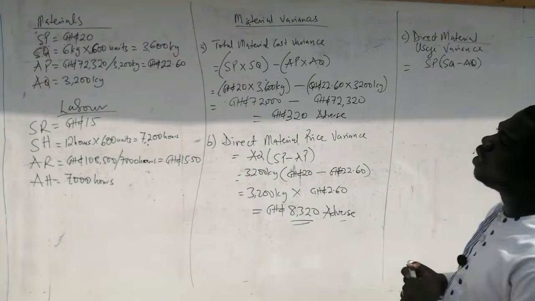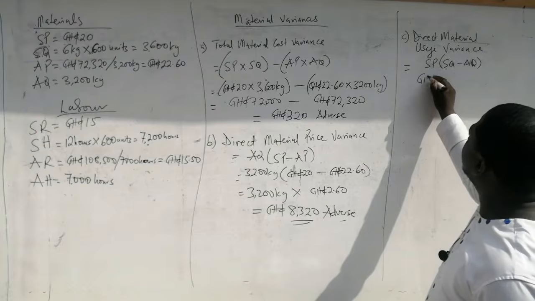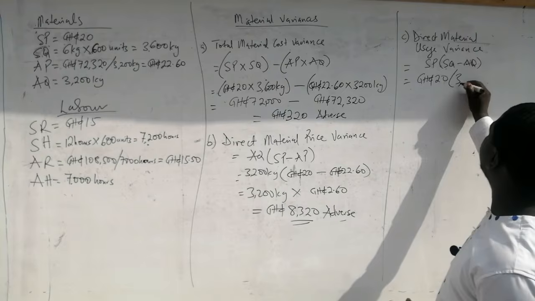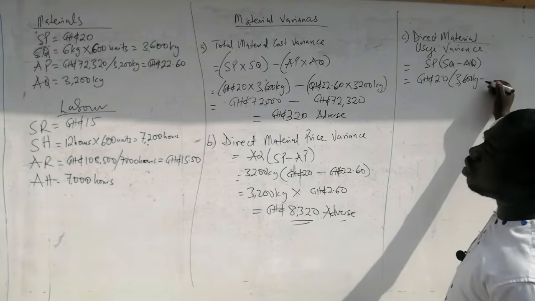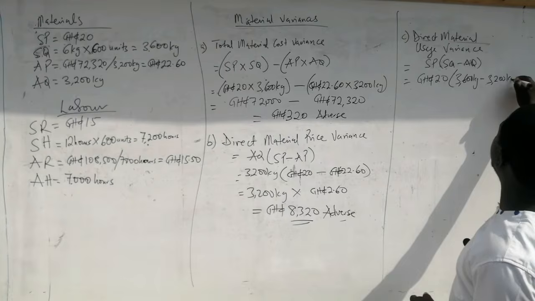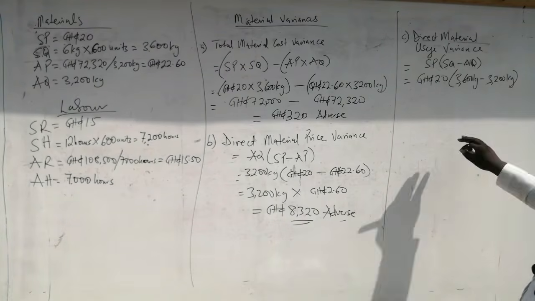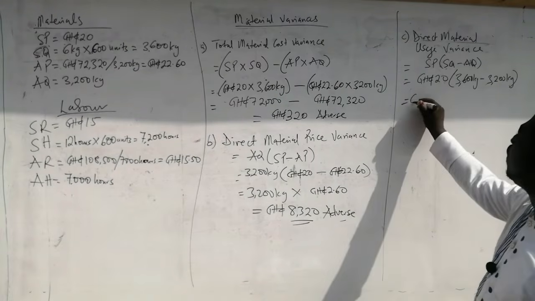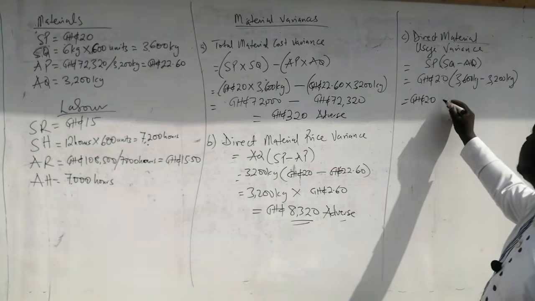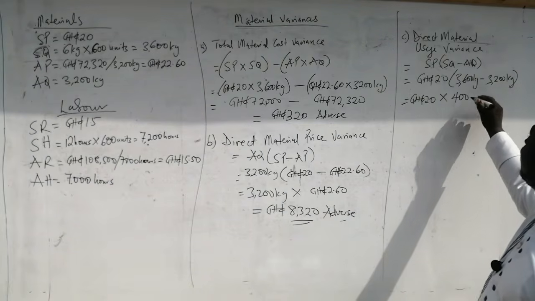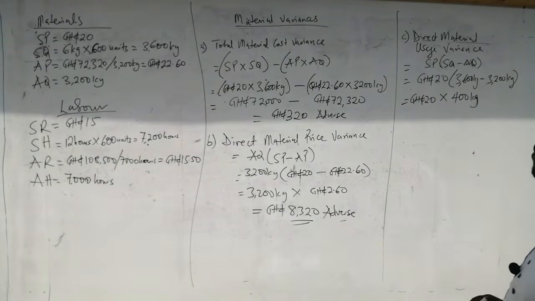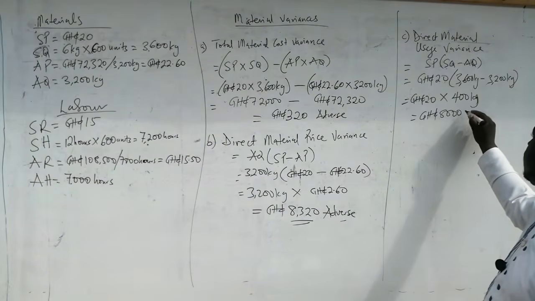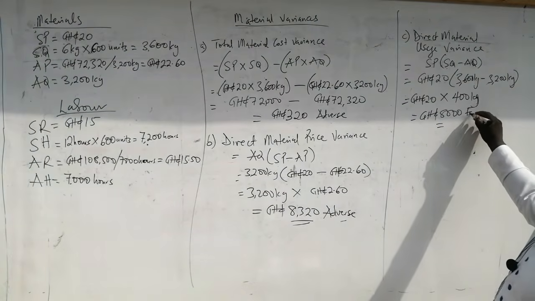The standard price from what we established is 20 cedis, and then your standard quantity was established as 3,600 kg, and your actual quantity is 3,200 kg. So you could see that there is a positive variance with the quantity. We used less than our expectation, and so we value that at our 20 cedis, and it's going to be multiplied by the variance in quantity of 400 kg, and that is going to give us a final answer of 8,000 cedis, and this is favorable, F.